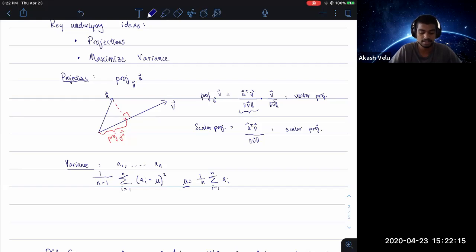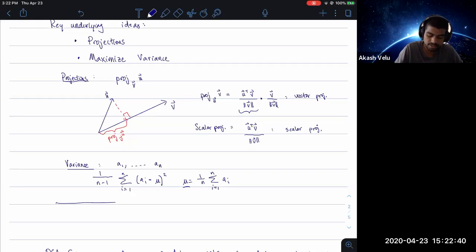And then we take the sum over all the points and normalize by dividing by n minus 1. So the variance is a measure of how much a set of numbers deviates from the average. If there's a big variance, that means the points typically are very far away from the average. Whereas if the variance is small, then the points are very clumped around the average.